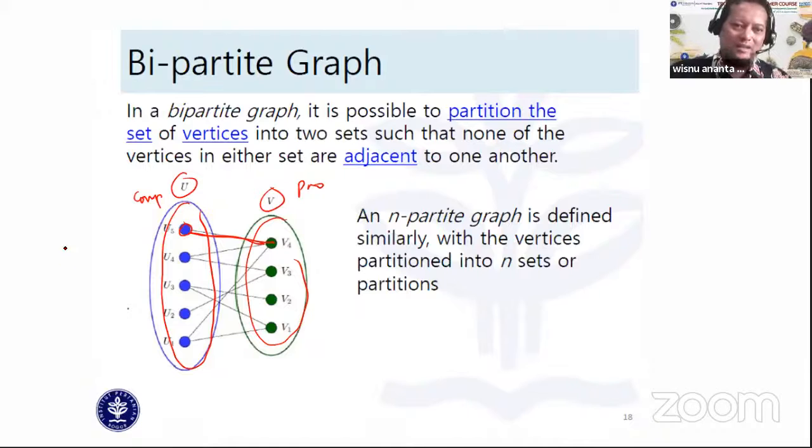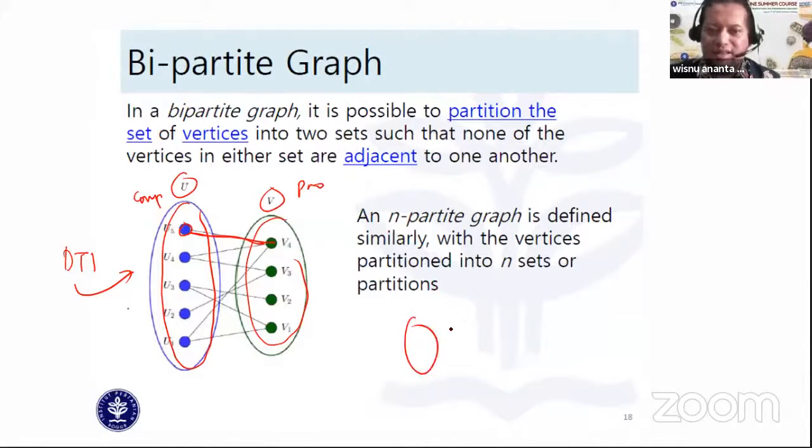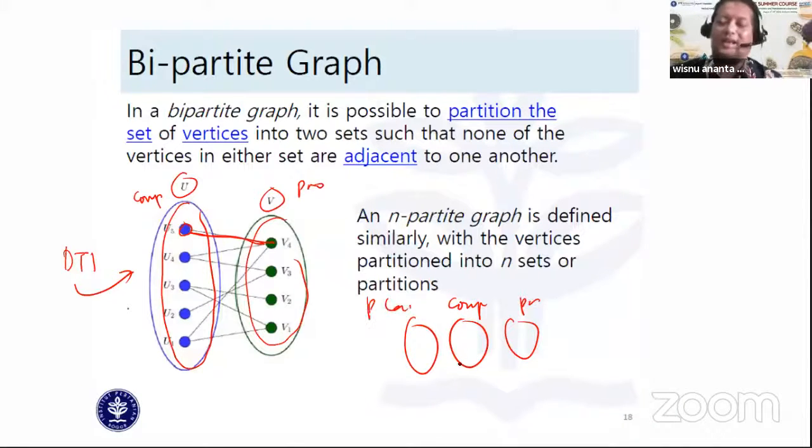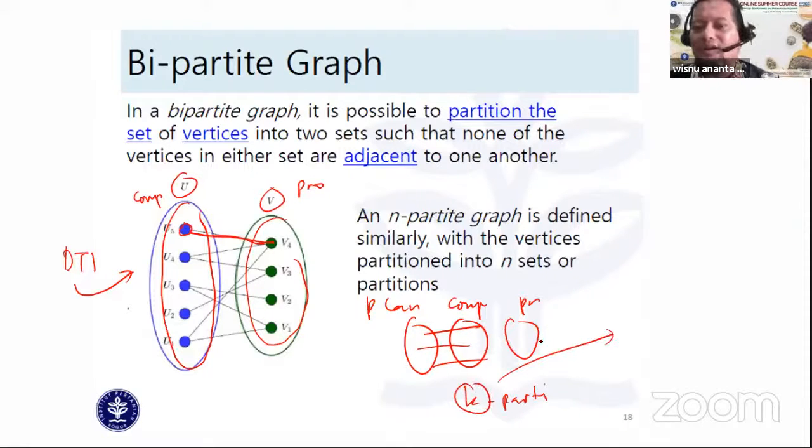Well, drug target interaction is an example of a bipartite graph. If we extend the interaction between compound, protein, and plant, like explained by Dr. Sony, then we can call it a k-partite graph, where k is related to the number of entities.